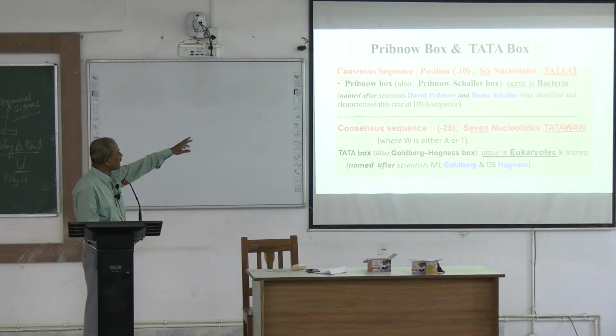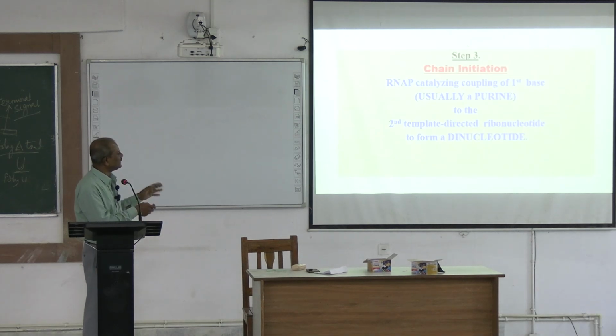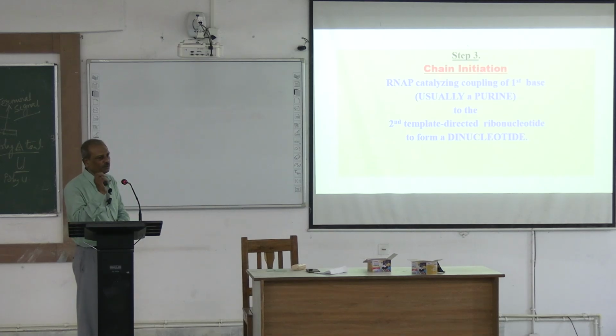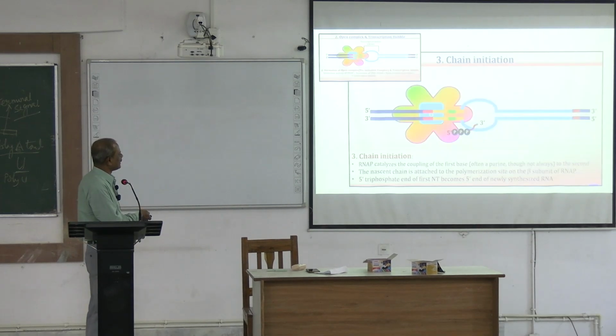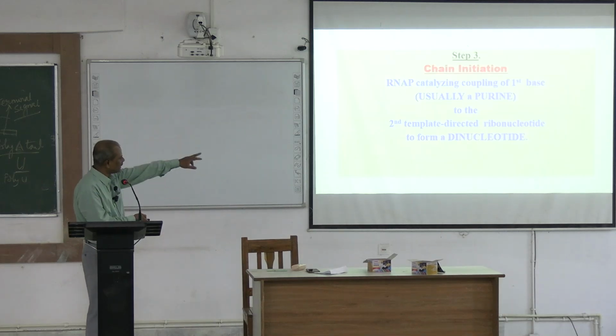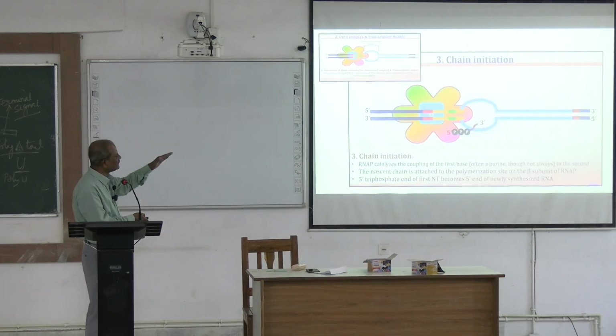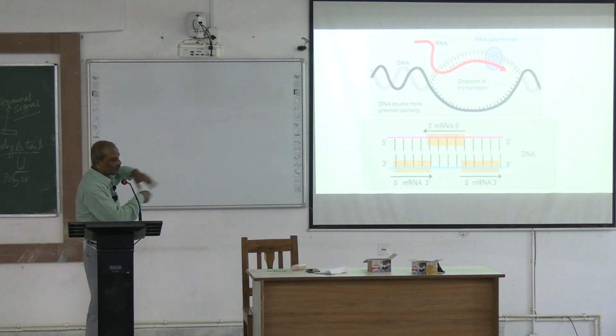The TATA box, also called the Pribnow box, is 10 base pairs ahead. Chain initiation usually starts with a purine base, not always as a rule, because AUG is the starting codon, and A is a purine. The second template-directed ribonucleotide will be this dinucleotide I have told you. Once chain initiation occurs, it will move from 5' to 3' direction.